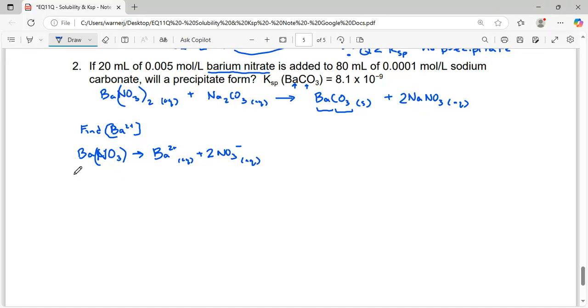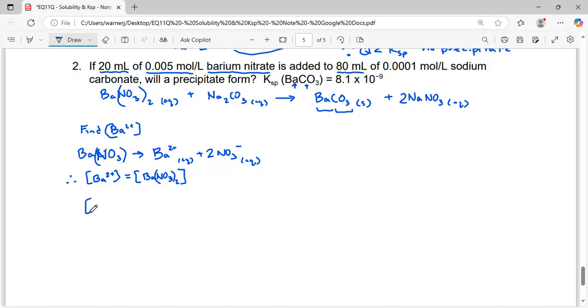So based on the mole ratio, the concentration of barium ions should be equal to the concentration of barium nitrate because it's a 1-to-1 ratio. Because I have that information, that makes this a little more useful to me. Now I just have to consider the fact that I took 20 mils of this solution and added it to 80 mils of the other solution.